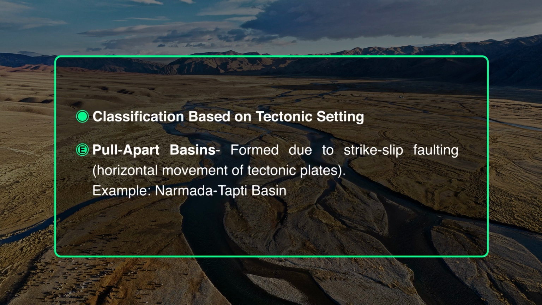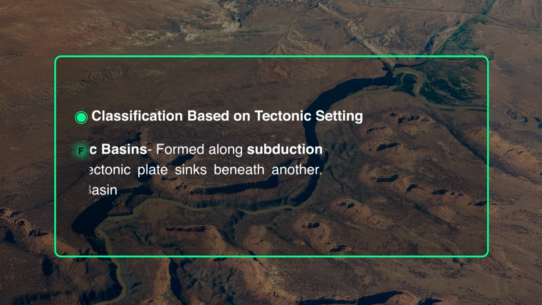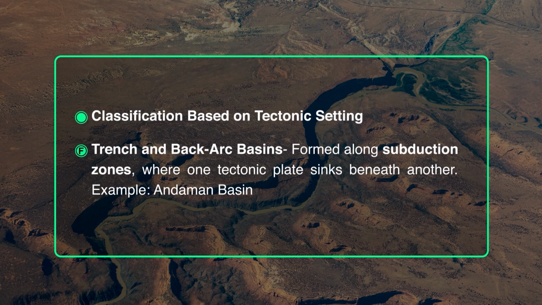The fifth class is the pull apart basins, which are formed due to strike slip faulting, which refers to the horizontal movement of tectonic plates, for example, the Narmada Tapti Basin. Then the sixth class is the trench and back arc basins, which are formed along subduction zones where one tectonic plate sinks beneath another, like in the Andaman Basin.